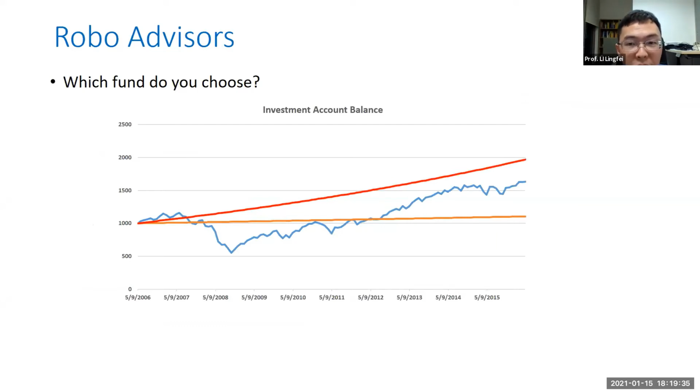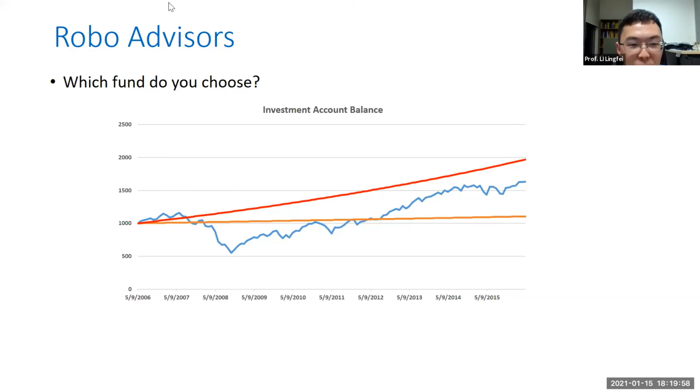The next application is about robo advisory. Before I talk about this one, let me do a poll, and then we will see the result. Here I provide you with 3 funds.